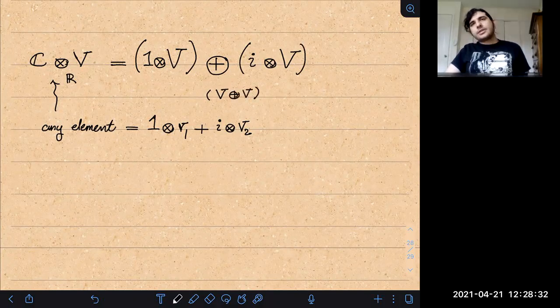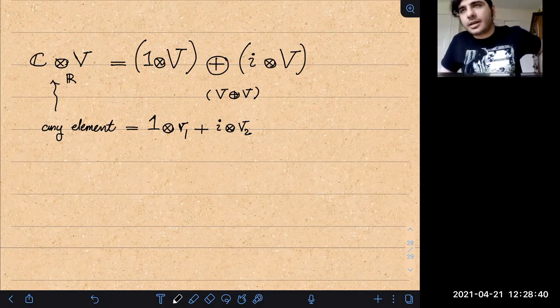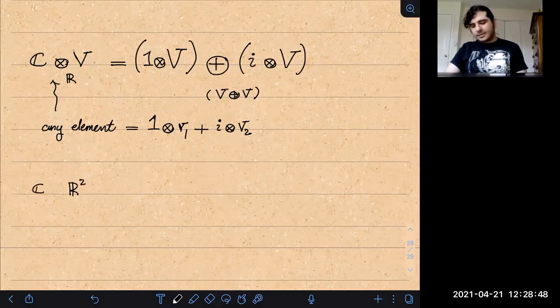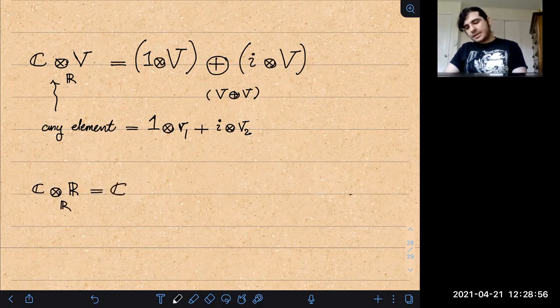Now, this is interesting because this gives a natural inclusion of any vector space inside its complexification. So for example, let's start with R. If we complexify R, we would get C, and then think about C as this plane.